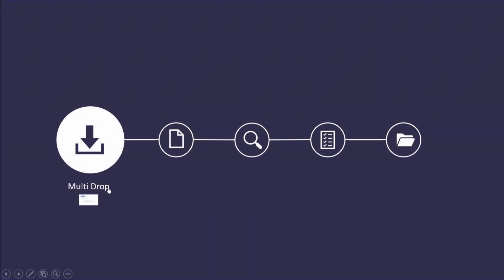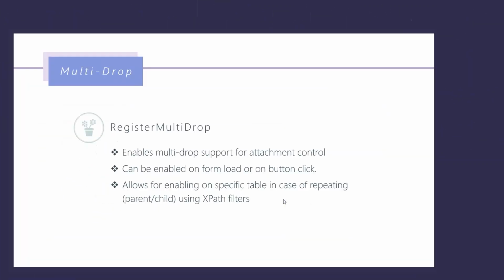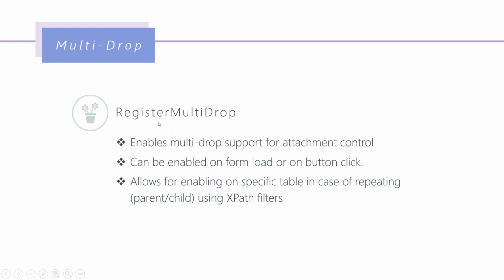Okay, so just a quick recap. So we added a multi-drop feature to our file attachment control, and the command is actually called register multi-drop, and it enables multi-drop support for attachment control, and it can be enabled on form load or on button click, depends on where you want it to happen.